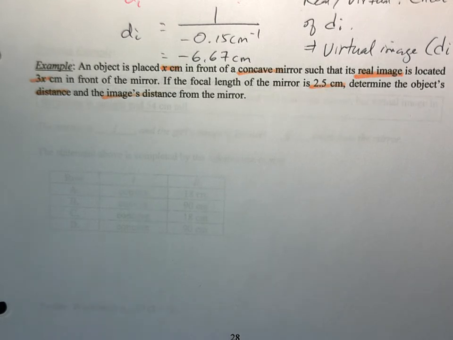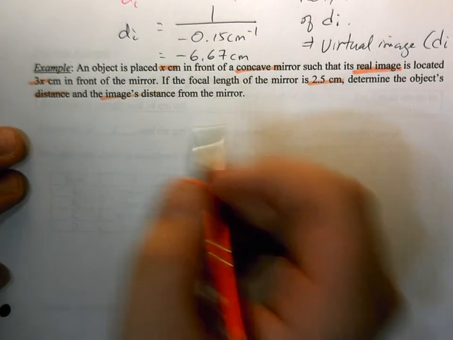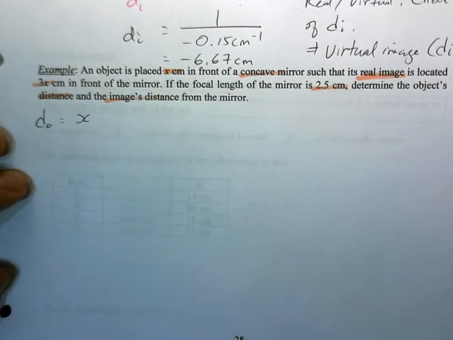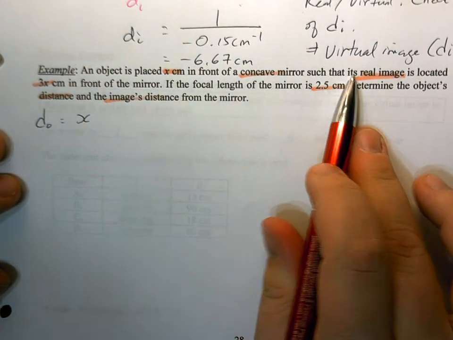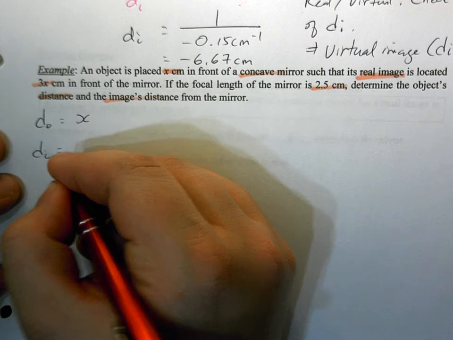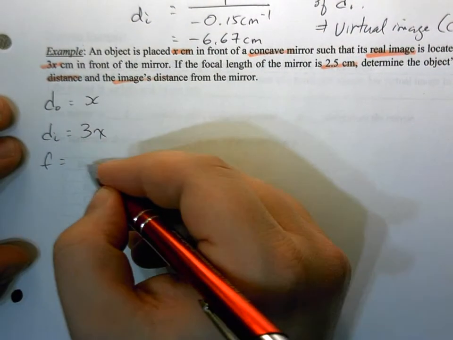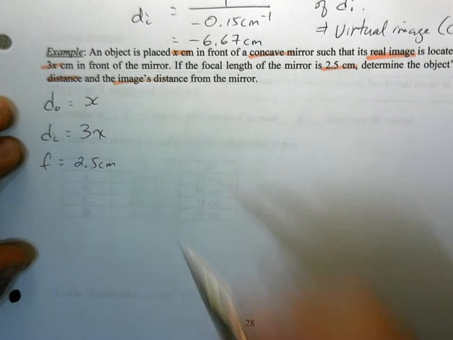So in this question, we have been told that DO is some x value that we don't know about. We also are told the real image forms at this 3x. And we know the focal length is 2.5 centimeters.